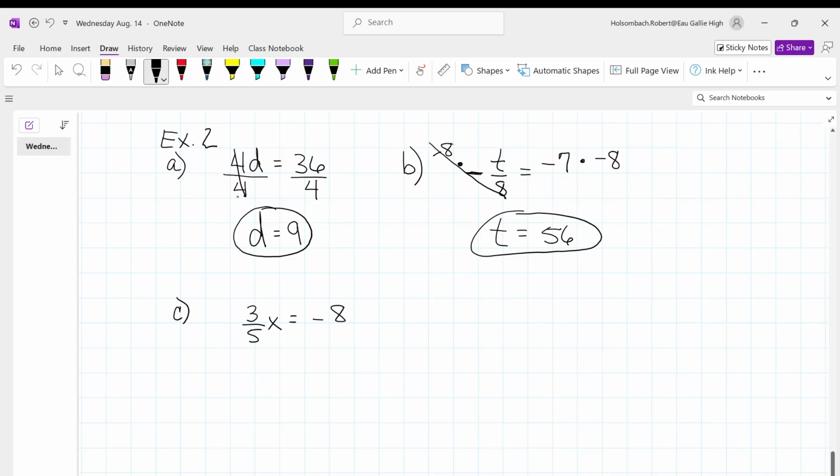If you've got a calculator and you know how to use the fraction button, you can divide both sides by 3/5. The 3/5 on the left side cancel, the x falls down, and it's equal to negative 8 divided by 3/5. And I get negative 13 and 1/3.